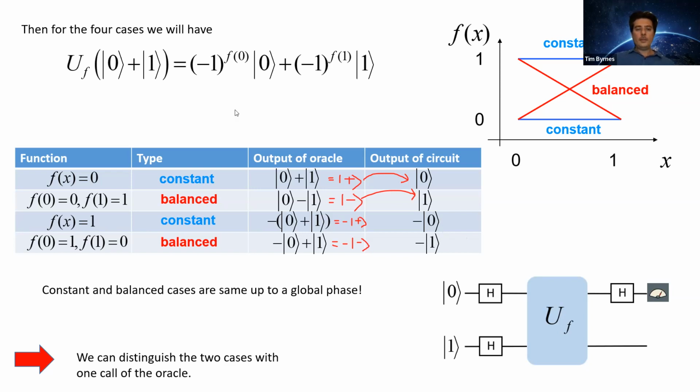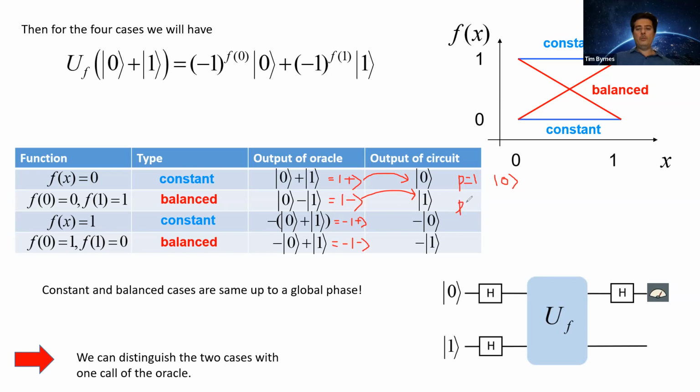And because these global phases don't matter, when you perform this measurement, if it's this case, with 100% probability you will get this outcome. When you do this measurement here, because it's literally 0, you measure 0, so of course you get 0, with 100% probability.